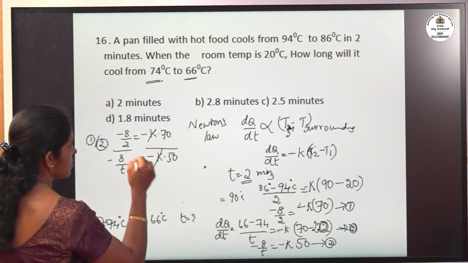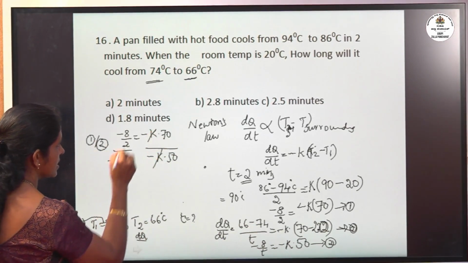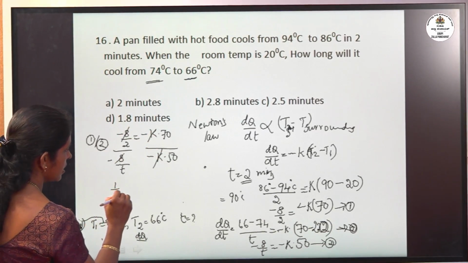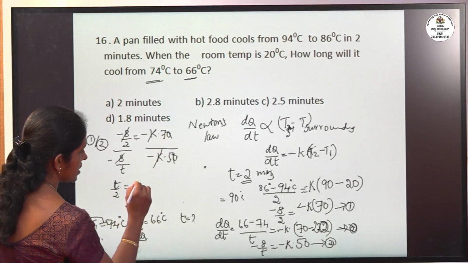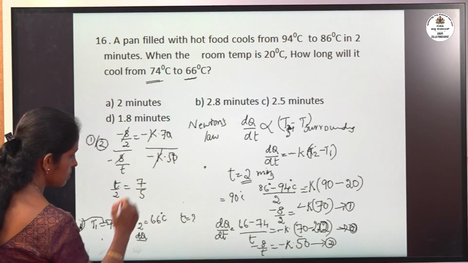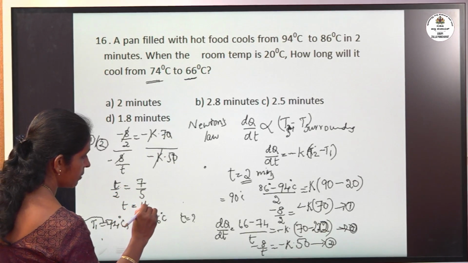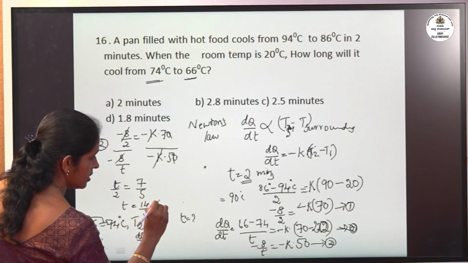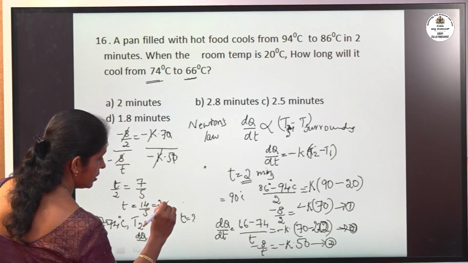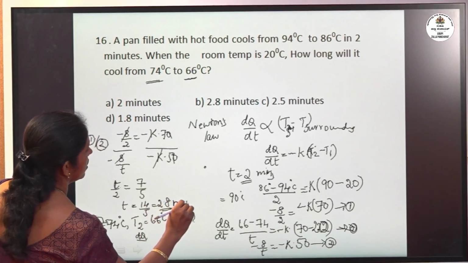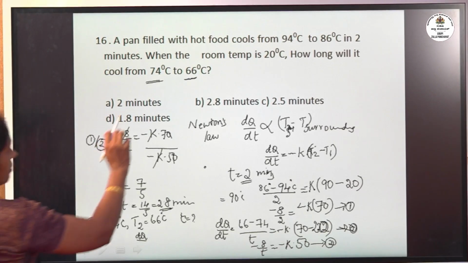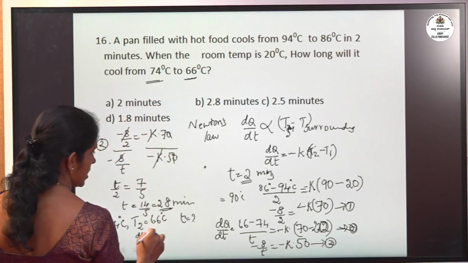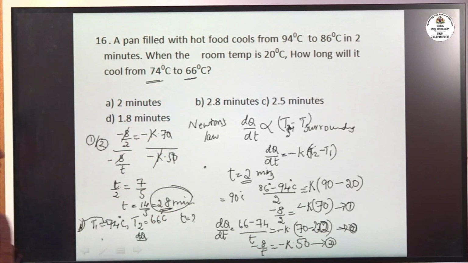Cancelling K on both sides, negative also cancels, cancel 8 on both sides. This gives T by 2 is equal to 7 by 5. Cross multiply, we get 14 by 5, which is nearly 2.8 minutes. The time taken to cool from 74 degrees Celsius to 66 degrees Celsius is 2.8 minutes. Option B is the correct answer.